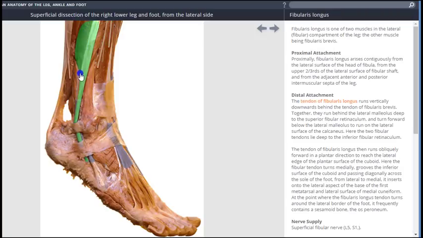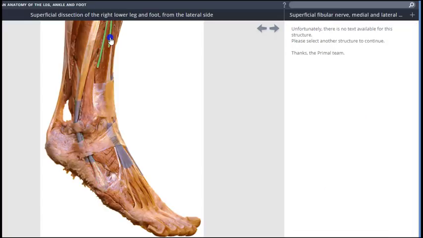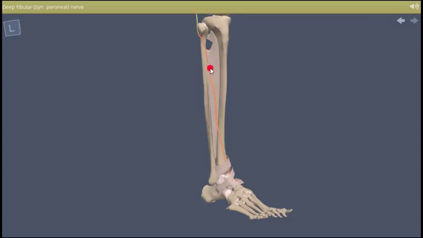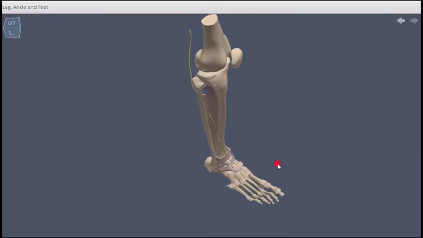After it supplies the lateral compartment, it becomes cutaneous and it supplies the skin over the dorsal aspect of the foot, except the area of skin between the first and the second toes. The deep fibular nerve supplies the muscles in the anterior compartment, then it passes behind the superior and the inferior extensor retinacula to enter the dorsum of the foot.